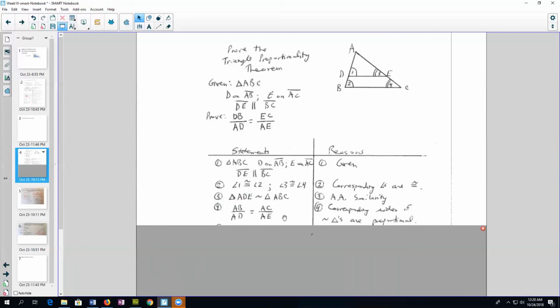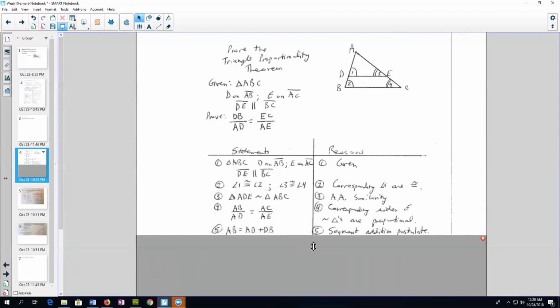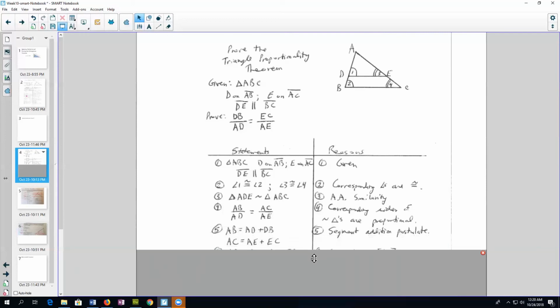AB over AD is equal to AC over AE. Again, pause the video to convince yourself that that is true. Our reason: corresponding sides of similar triangles are proportional. I am going to want to break this up into pieces, so I use the segment addition postulate on these sides.